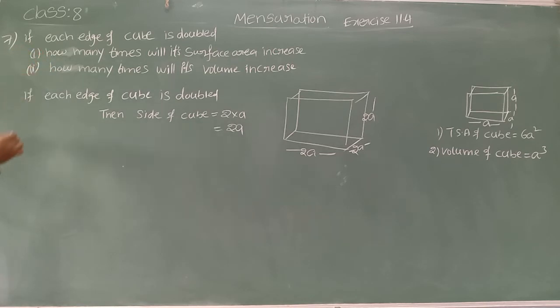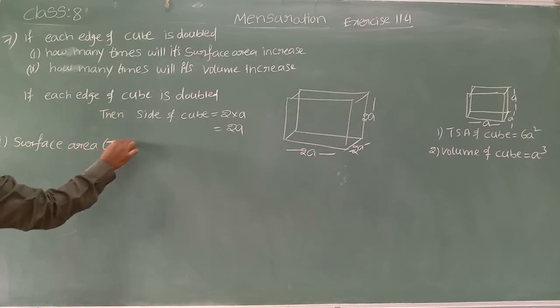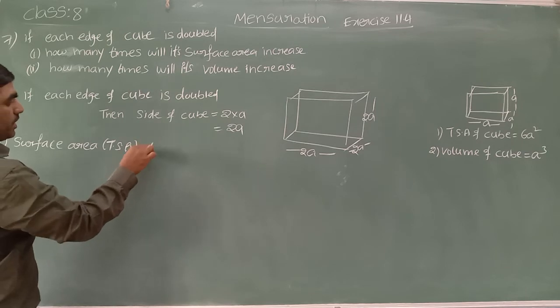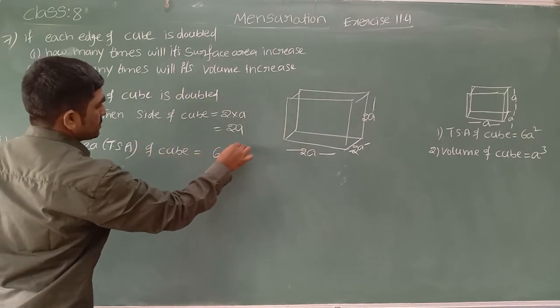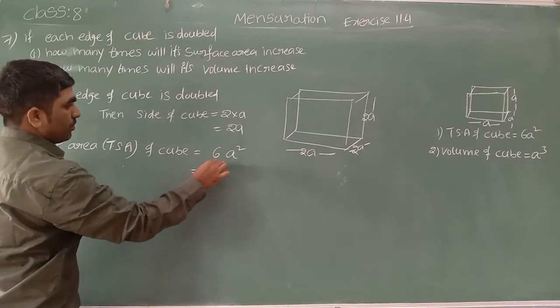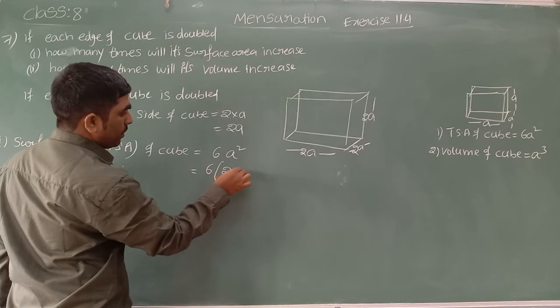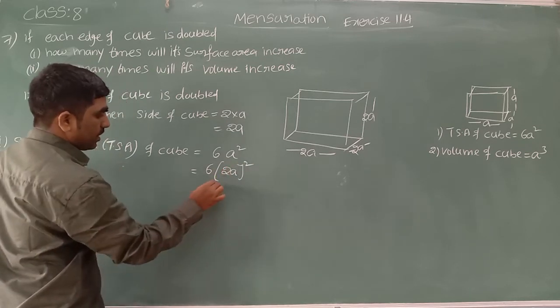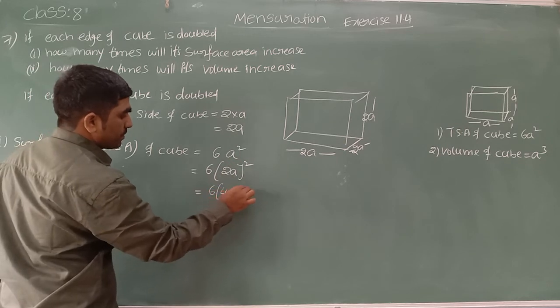Now let us find the surface area. Surface area, in bracket if you want you can write TSA. Surface area of a cube, generally we have the formula 6a square. So 6 into 2a whole square. We can write 6 into 2 square a square, I mean 4a square.